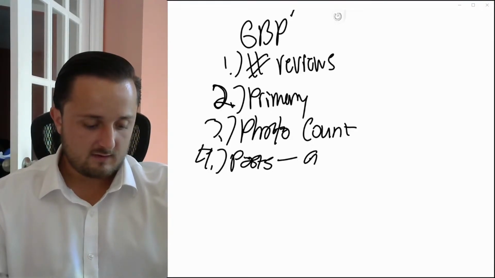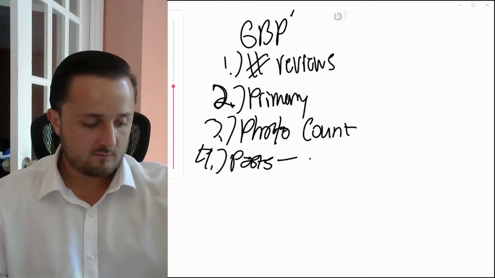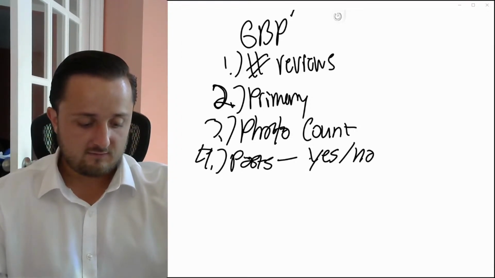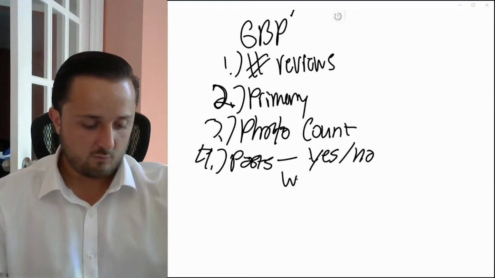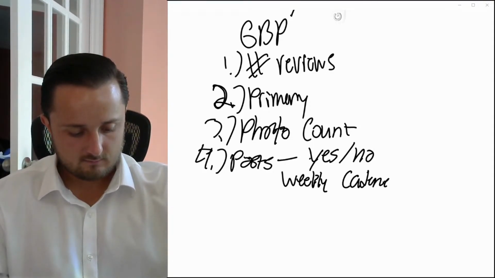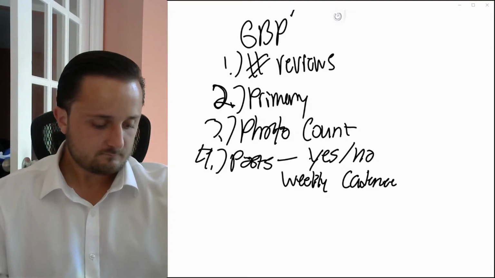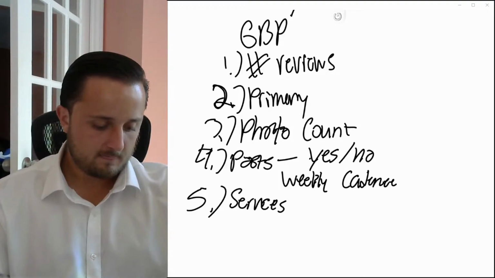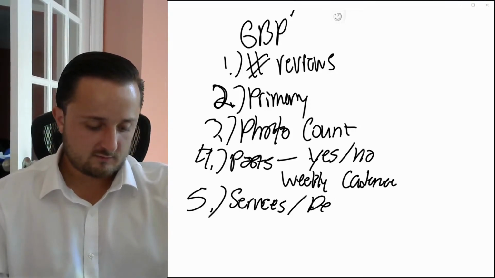Normally, are they posting? This is more of a yes or no. If it's no, then this is a great opportunity for us. If it's yes, then what is their weekly cadence? Then we're going to look and see, okay, what are their main services on there? Do these have descriptions?